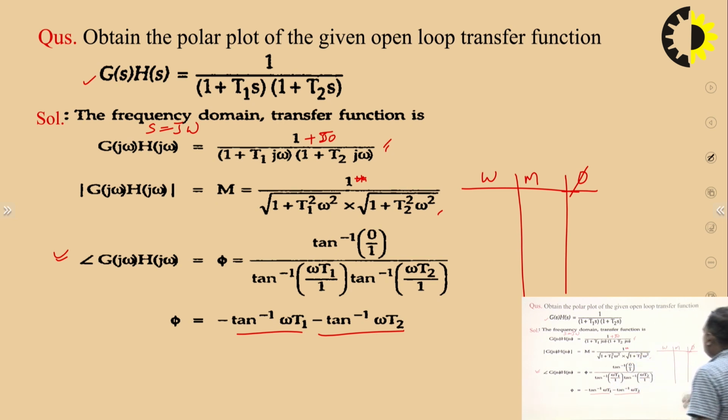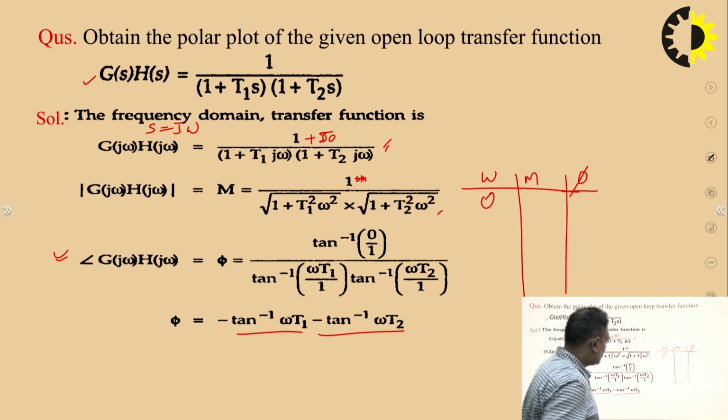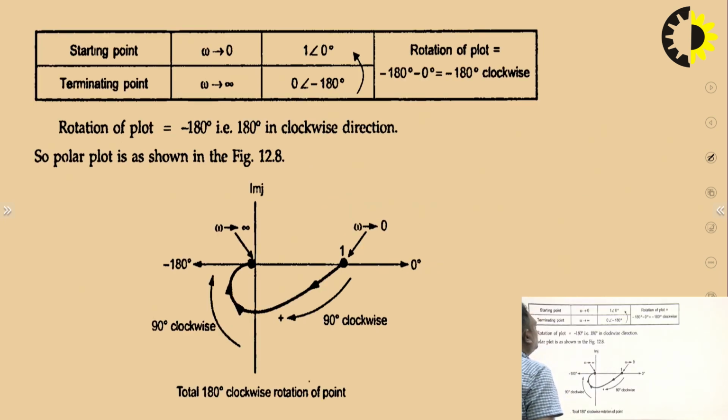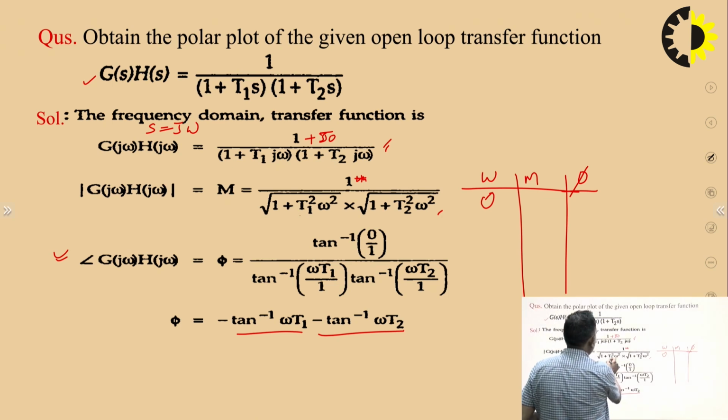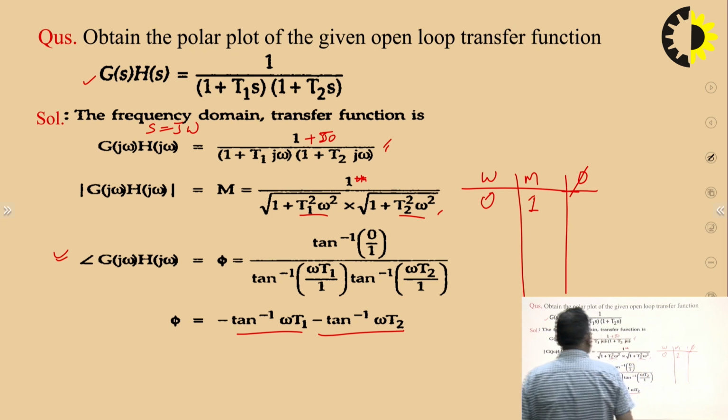Always take the first value at ω equals 0. At ω equals 0, the magnitude becomes 1, because this term becomes 0 and this term becomes 0. And at ω equals 0, the phase angle is minus tan inverse 0 minus tan inverse 0.